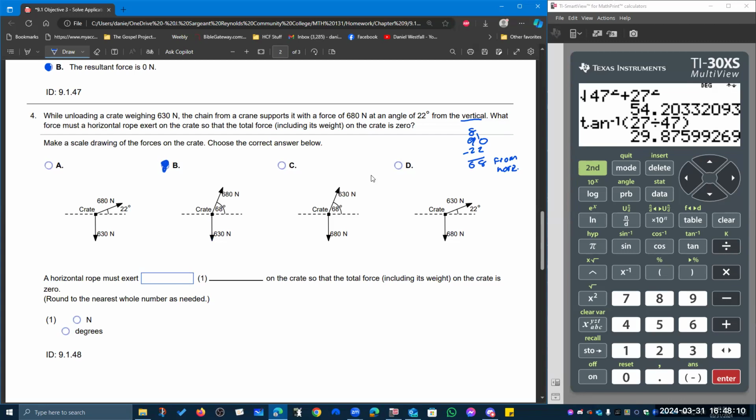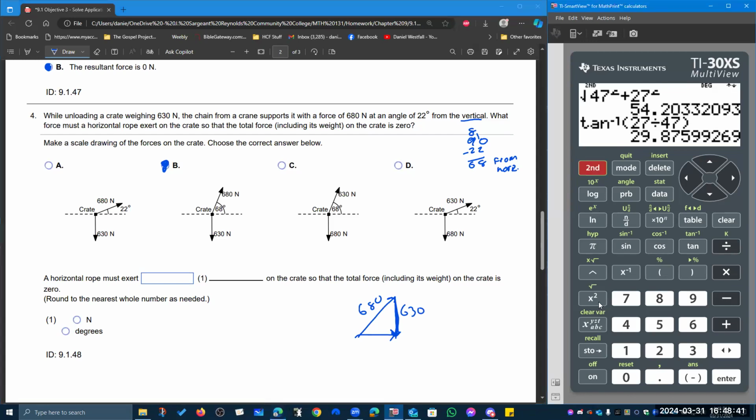Let's go ahead and look at those vectors head to tail. So 680 here and 630 here. And I want to know how much is in this horizontal direction here that's unbalanced. So let's use the Pythagorean theorem for that.